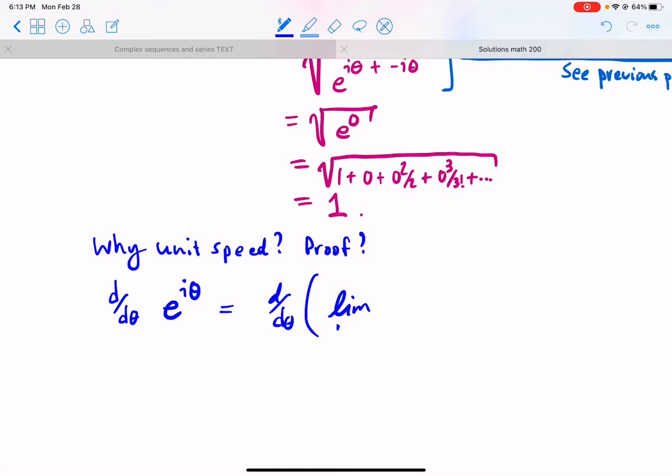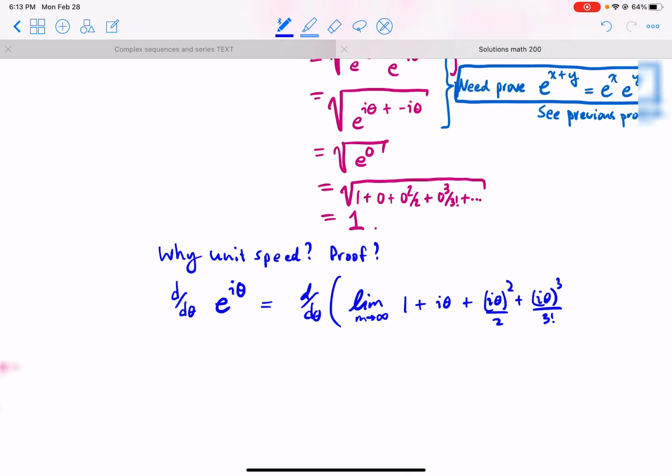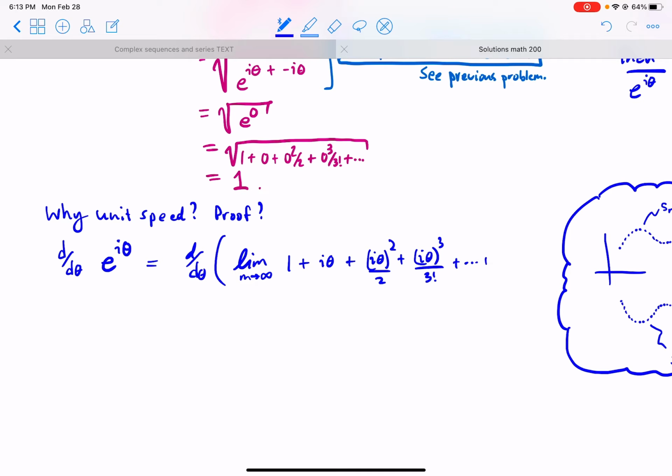A limit, as m goes to infinity, of 1 plus i theta plus (i theta) squared over 2 plus (i theta) to the third over 3 factorial plus dot dot dot plus (i theta) to the m over m factorial.